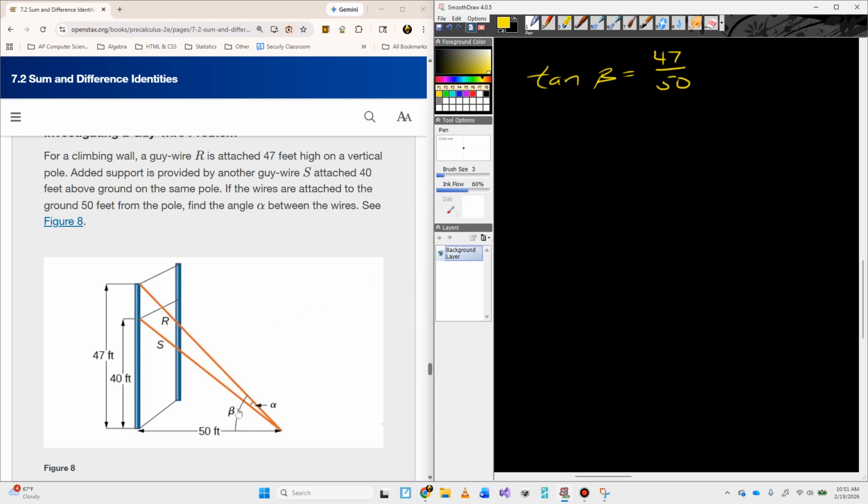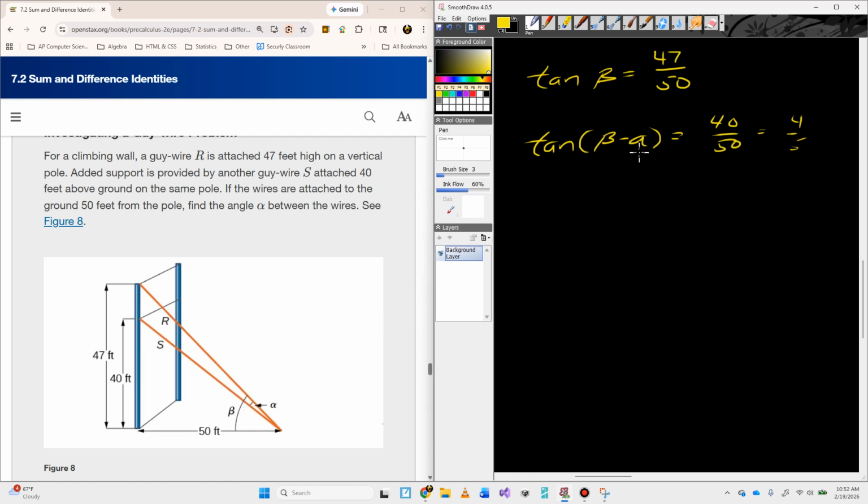I also have this value. This is not beta. This is beta minus alpha. So I have tan of beta minus alpha, and that is equal to 40 over 50, or 4/5. And I need to find this little piece of information.